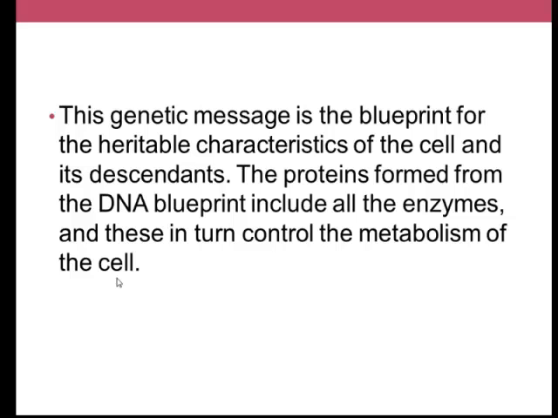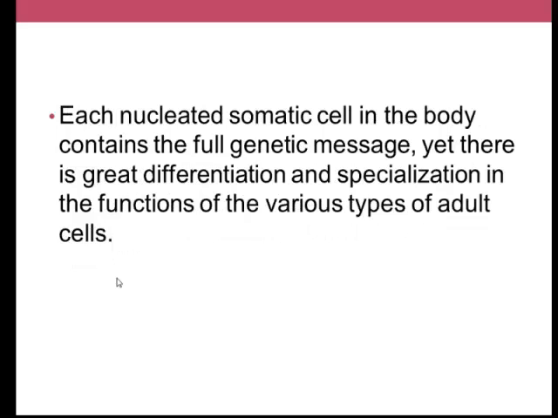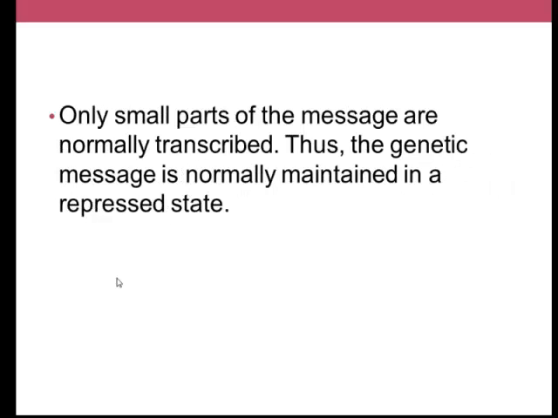Each nucleated somatic cell in the body contains the full genetic message, but there is great differentiation and specialization in the function of different types of adult cells. So only a small part of this message is normally transcribed, and the rest of the genetic message is maintained in a repressed state.